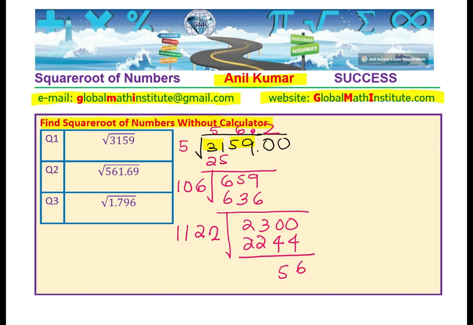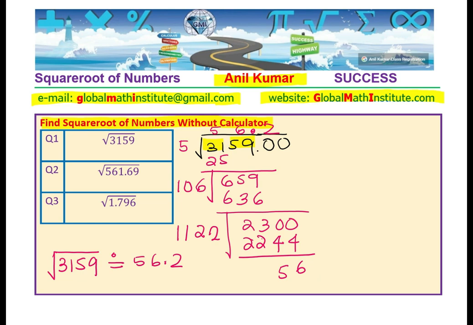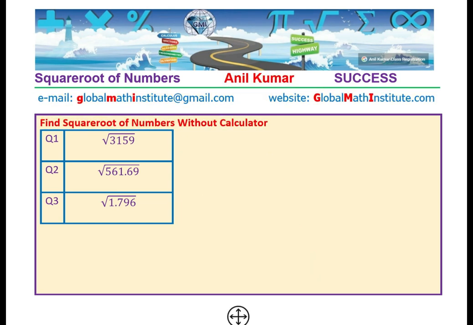So you can see that the square root of 3159 is approximately equal to 56.2. Without a calculator, on this board, I'm able to give you the square root of a number to one decimal place. Perfect.